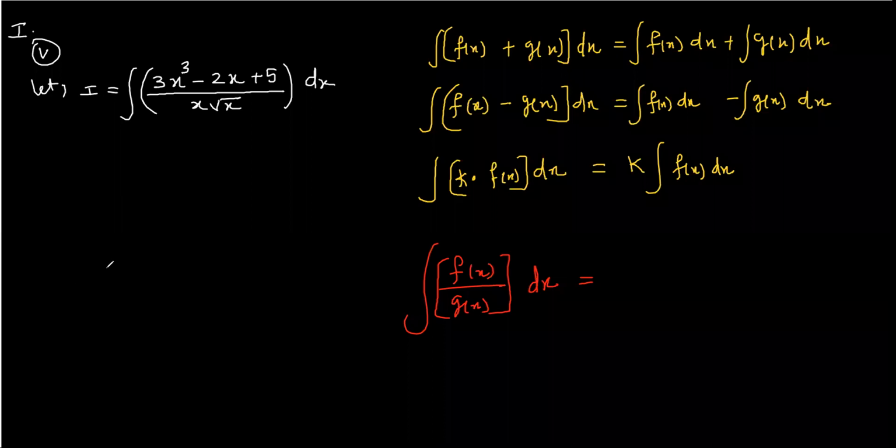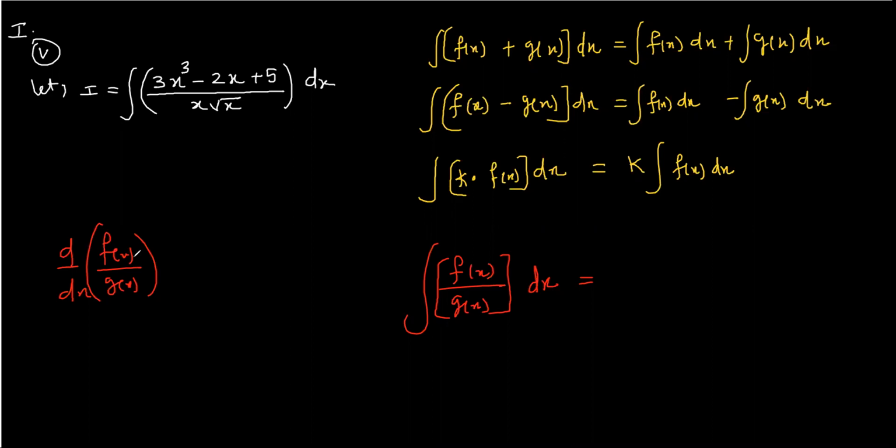We had a rule for d by dx of f of x upon g of x, for u upon v. But in integration, remember students, no division rule. You do not have integration of f of x upon g of x. There is no such rule which you can call a quotient rule.